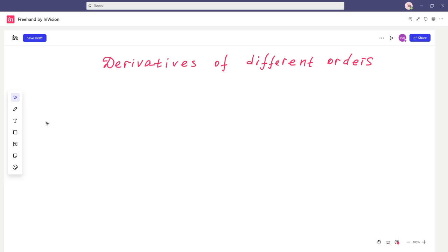Let a function y equals f of x be differentiable on some segment from a to b.